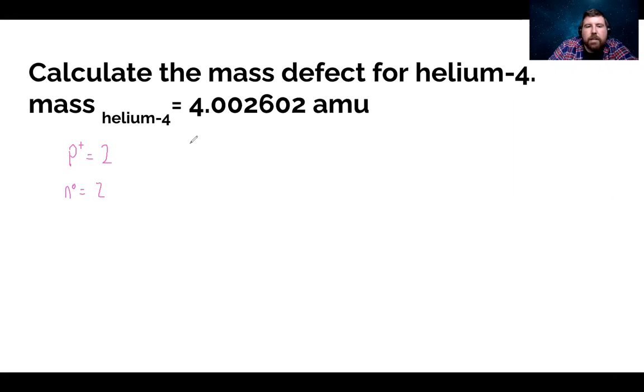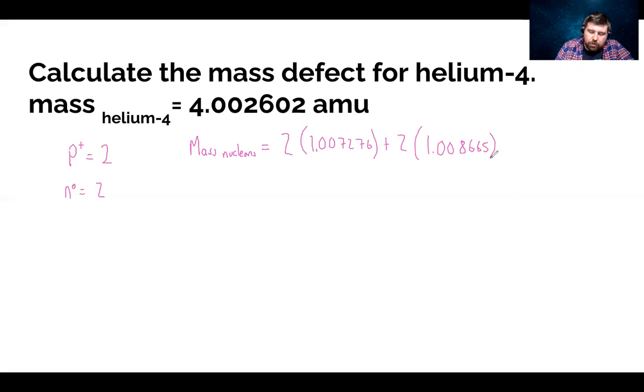So what I want to do is find the mass of the nucleons. The mass of the nucleons is going to be 2 protons times the mass of the protons, which is 1.007276, and I'm going to add the mass of the neutrons, which is 1.008665, and get that sum there.